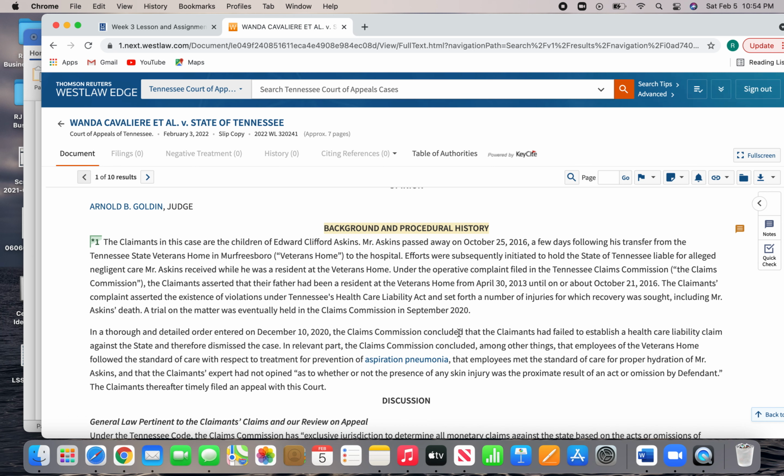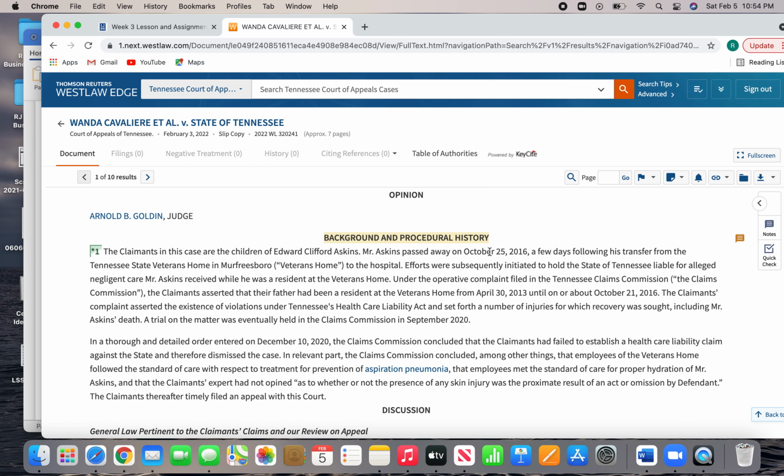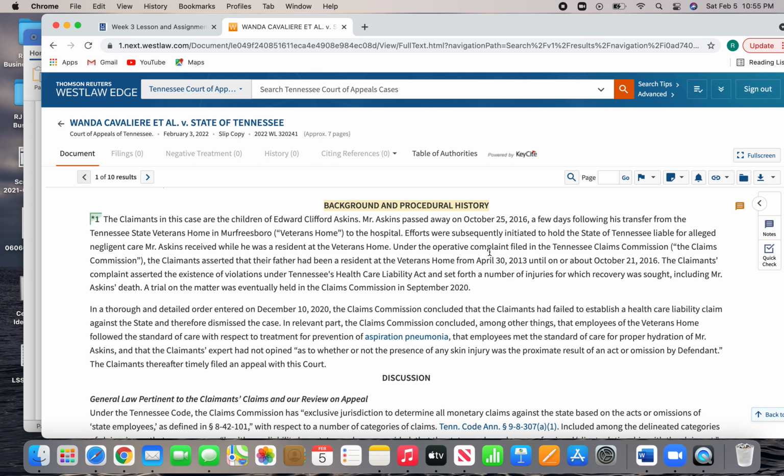Just in a nutshell, the sons of Edward Clifford Askins filed a claim against the state of Tennessee, because they claim that their father was not treated fairly or was not handled with care while in the veterans home.